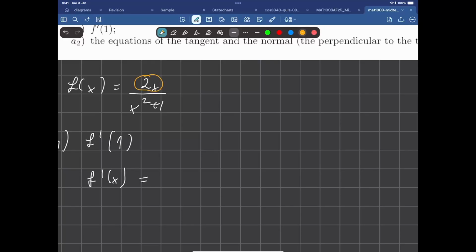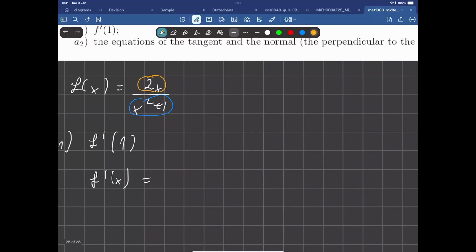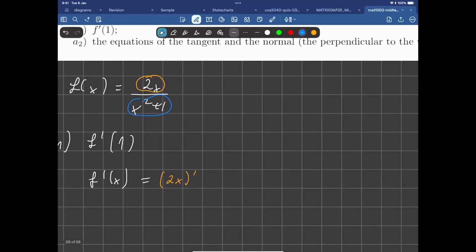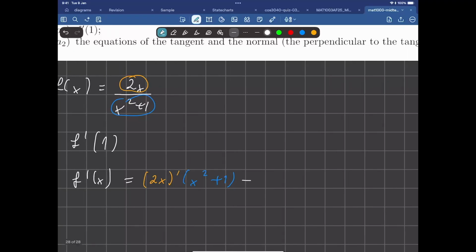So that's our numerator, that's our denominator. What was the quotient rule? Well, we take the derivative of the numerator first, and we multiply by the regular denominator, so don't touch it for now. Now, from this, we subtract, what do we subtract?